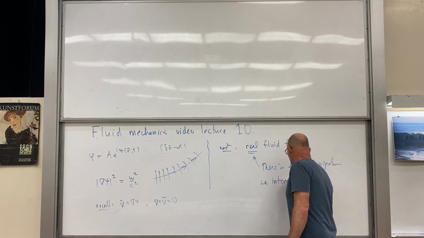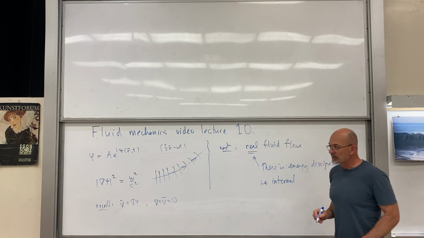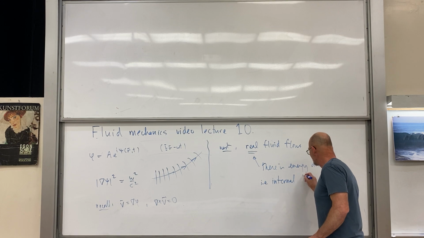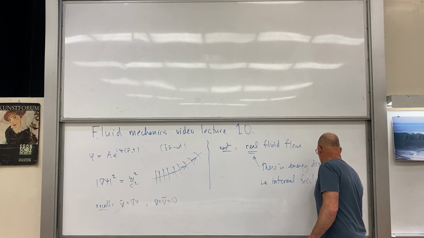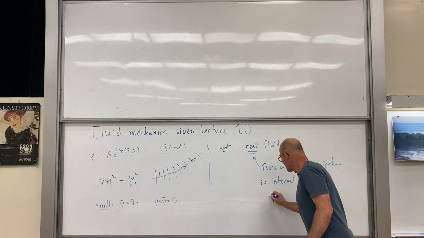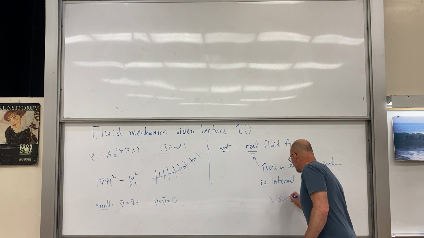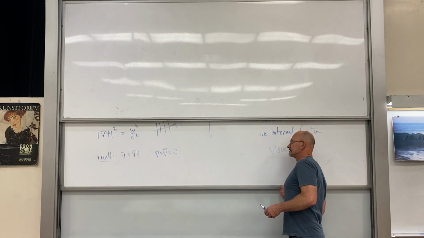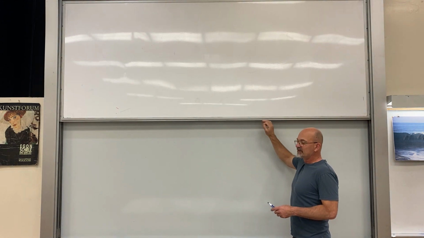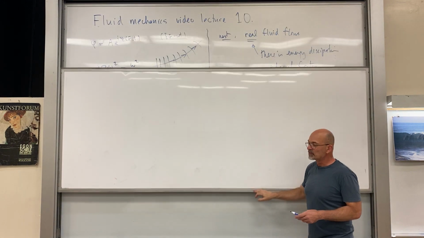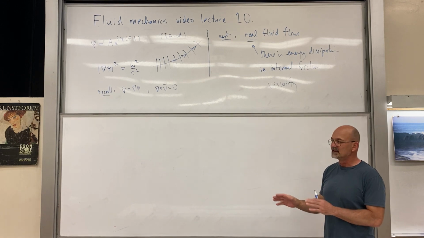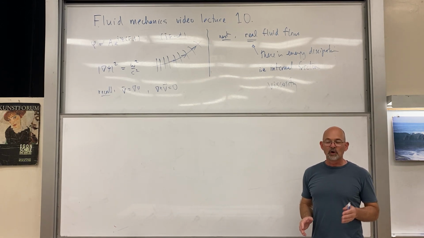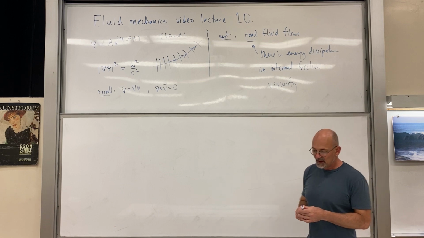And that will be characterized by what's called the viscosity. So we'll have a viscosity coefficient. We'll see how we set things up. And what we'll do is we'll set up the equations of motion and describe them, discuss them, and then do channel flows and pipe flows, which is a good application.